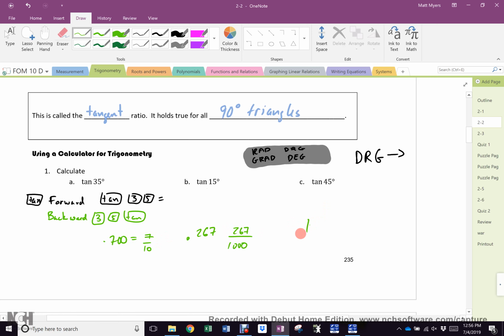And this would be 1 over 1. Agreed? Now, that means if I drew this triangle and I told you this was 35, how long is this side? 7, like you just did up here, right?